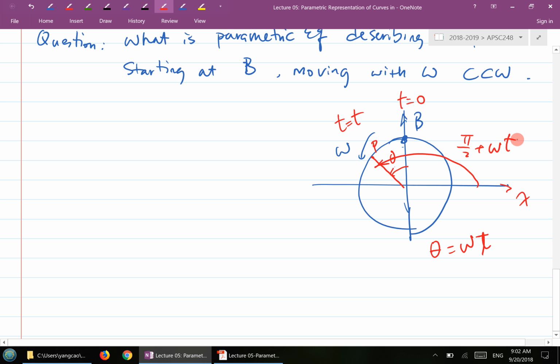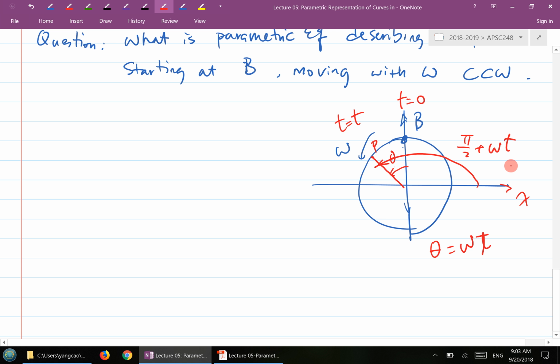When I use pi over 2, am I using degrees or radians? Radians, right. So now you can see your reference point is always the x-axis here. Then the actual angle for the current location P is pi over 2 plus omega t.